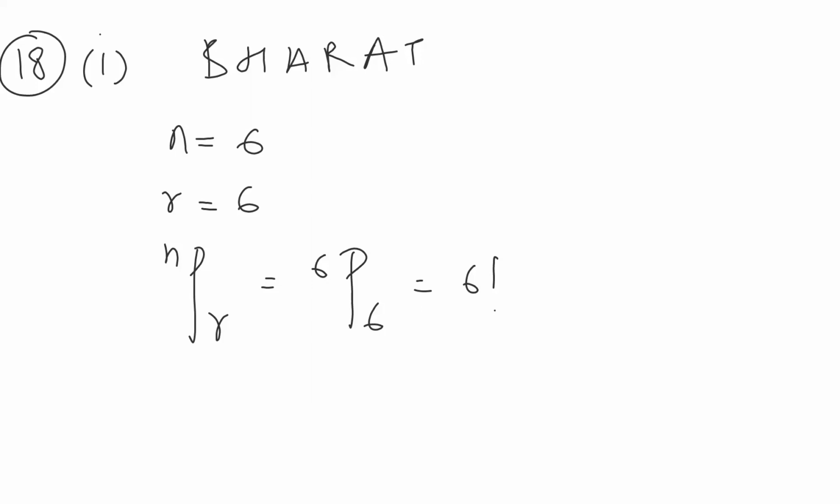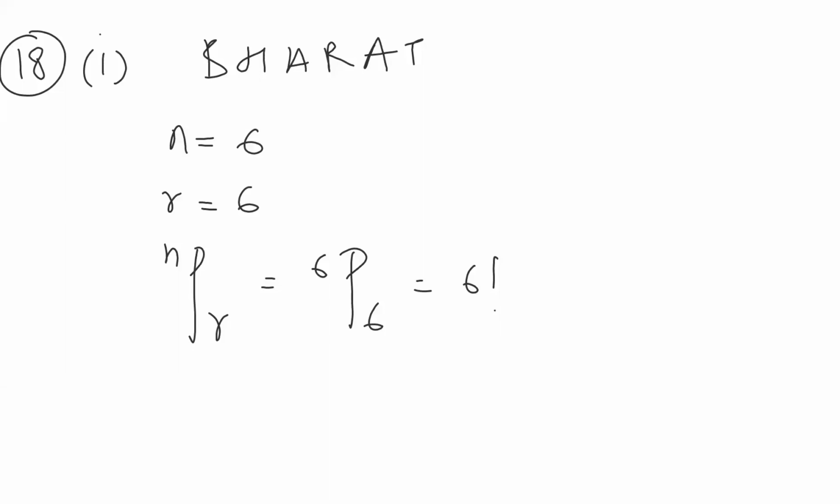I hope you have copied this. So, can you tell when do we use this, like, places and objects, nPr? If they are asking you the number of arrangements without any condition.